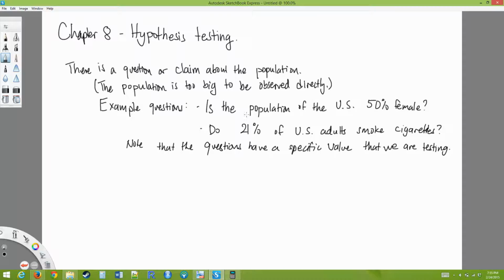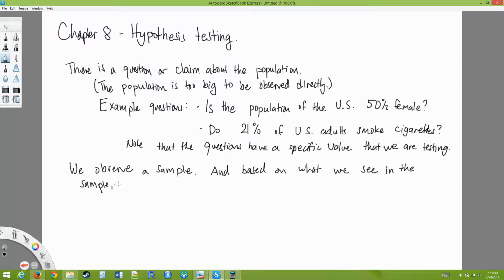So what we do is we observe a sample, and based on what we see in the sample, we make a conclusion about the population.